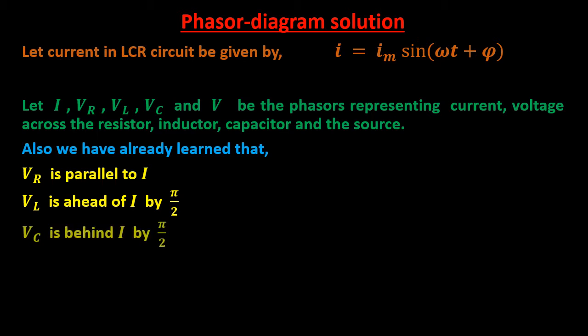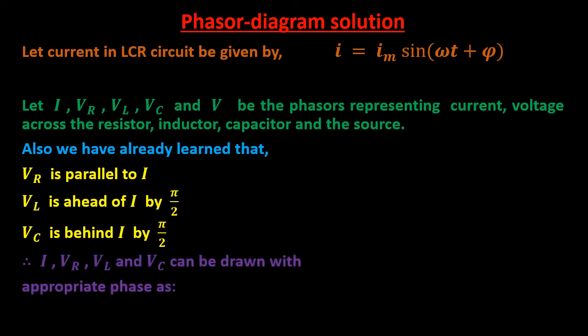So let me write here, VC is behind I by pi by 2. These three pieces of information help us to draw the phasor diagram for the LCR circuit. Therefore, I, VR, VL and VC can be drawn with the appropriate phase. Now let us draw the phasor diagram. So this is the origin.